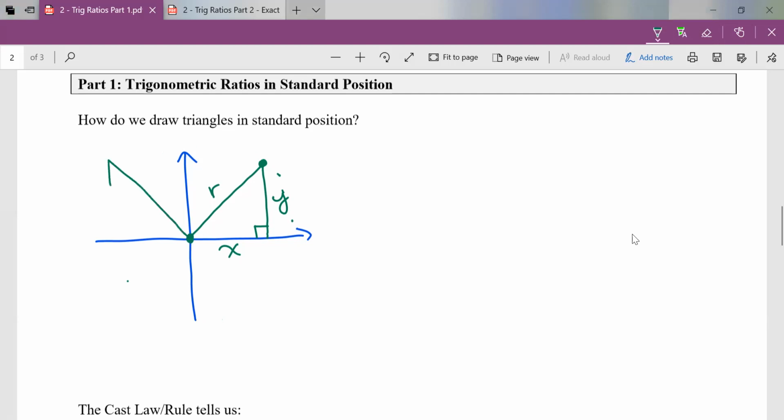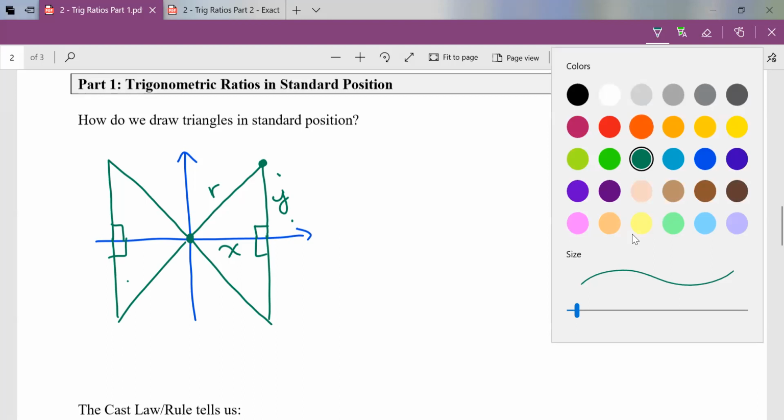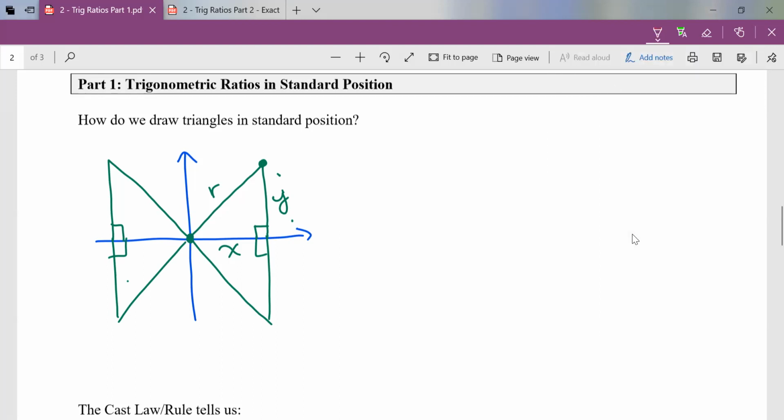Look at how we can draw triangles now. We've got that one there, another one that could be drawn here, and another right triangle that could be drawn there. It almost looks like a bow tie. We're always drawing to the x-axis, and then we just have to find our side lengths. We need to be really careful when we start looking in quadrants outside of quadrant 1.